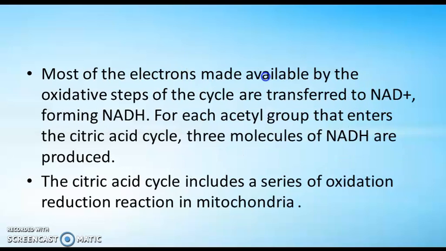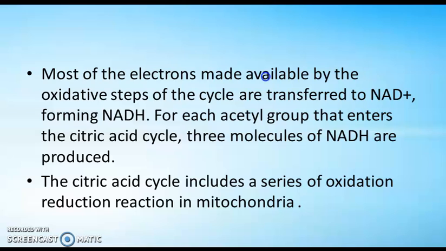Most of the electrons made available by the oxidative steps of the cycle are transferred to NAD+, forming NADH.